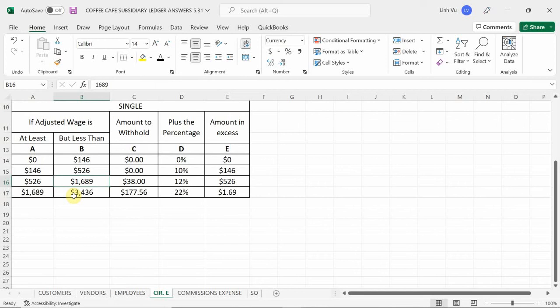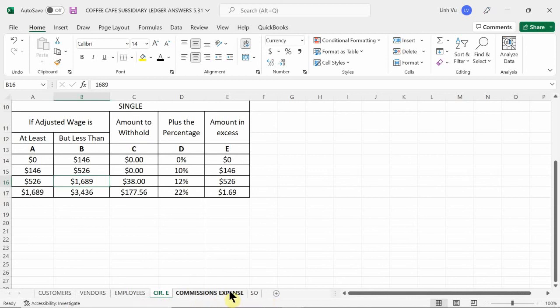He barely made it. So in this case, you're going to be using the same exact one for Tim as Irene. So he's going to be subject to $38 worth of tax taken out. But this time, he's going to get 12% in excess of the $526 that the government lets you keep. So the same exact numbers, but this time he's obviously going to get taxed more because he made more money.